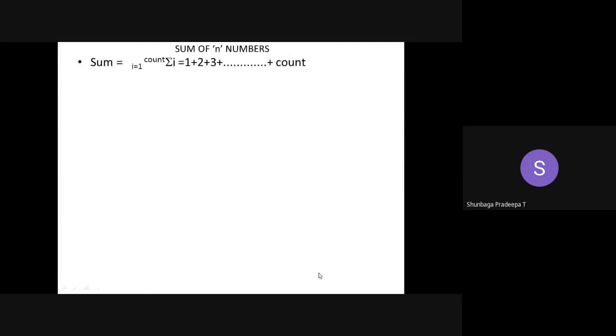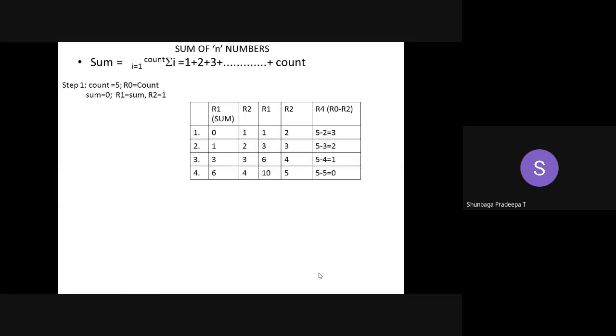I will show you with an example. Suppose my count is 5 and R0 is my count value, which is 5. Sum is 0 and R1 is assigned the sum value, and R2 is 1. Initially R1 is the sum value 0 and R2 is initialized to 1. We perform this addition, R1 plus R2, and store it in R1.